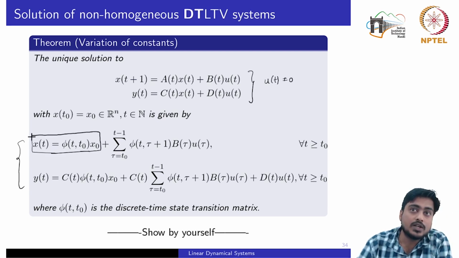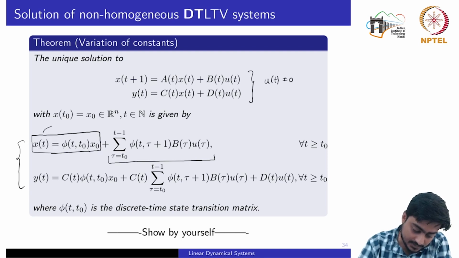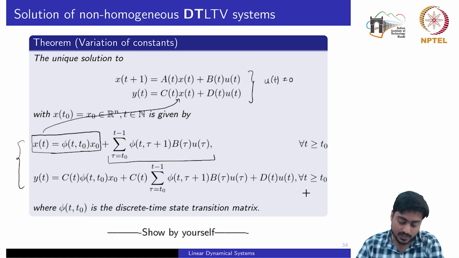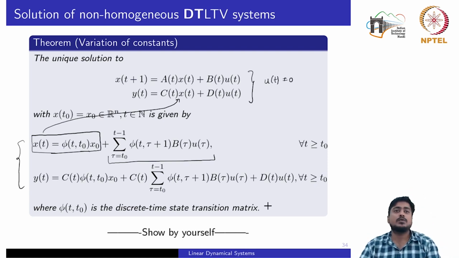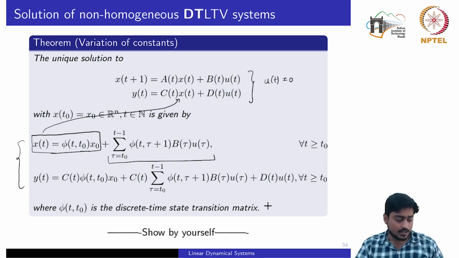Because of the inclusion of ut in the state space equation, we would have this part, similar to what we had seen in the continuous time systems. Now if I put this x back here, I would have the complete response of the discrete time LTV systems for all t greater than or equal to t naught. The proof of this theorem remains similar to what we had seen for the continuous time, so I suppose you can do this by yourself.